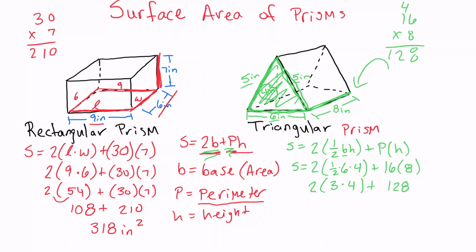Keep simplifying these values. 3 times 4 is 12, plus 128. 2 times 12 is 24, plus 128 gives us our total value of 152 inches, and that's again squared because we are talking about area, in this case surface area. And that is how we find the surface area of prisms.